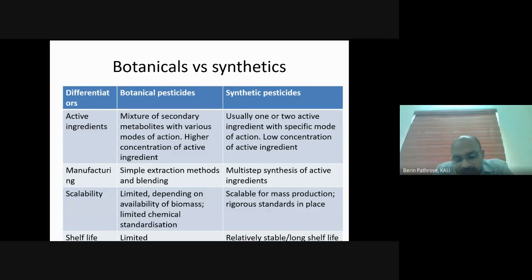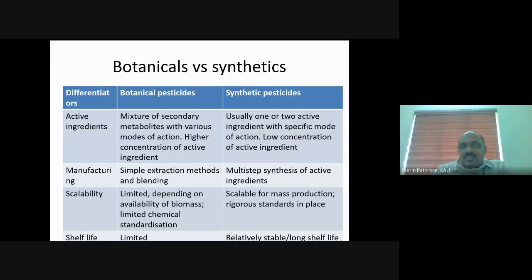But in the case of synthetic pesticides, most pesticide formulations have only a single active ingredient, and sometimes we may have two-pesticide mixtures, and they have a specific mode of action. Say an organophosphorus pesticide causes acetylcholinesterase inhibition. A neonicotinoid pesticide will have nicotinic acetylcholine receptor modulators.